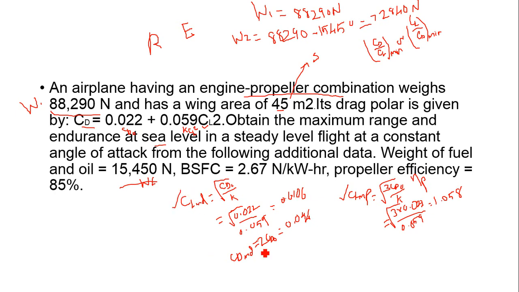So CLMD, CDMD and CLMP are found. Next is CDMP, the coefficient of drag for the minimum power condition, which is equal to 4 CDO, equal to 0.088.